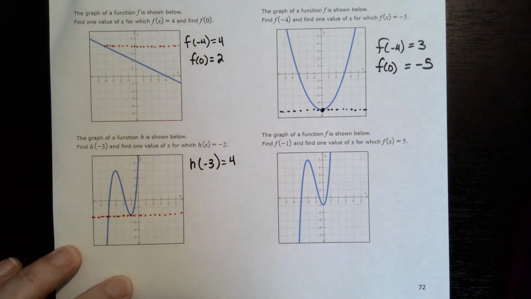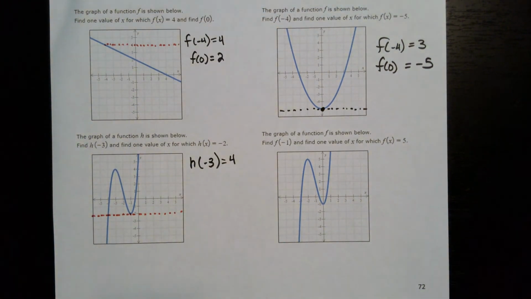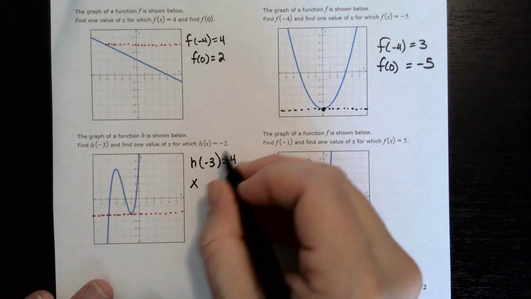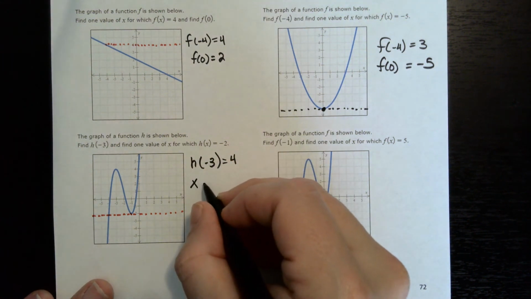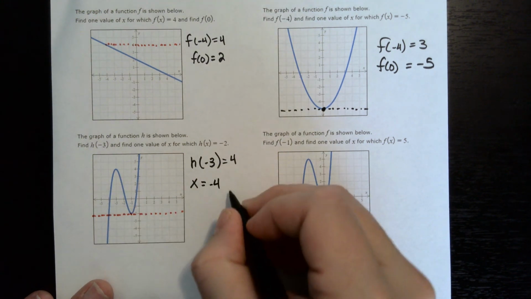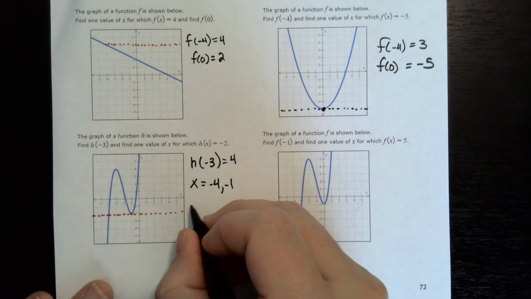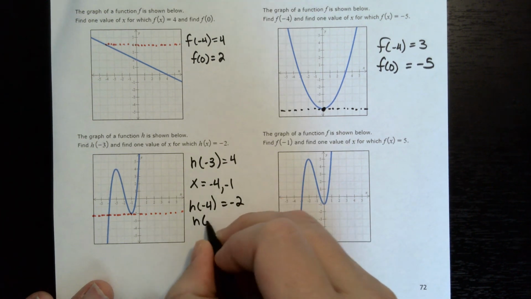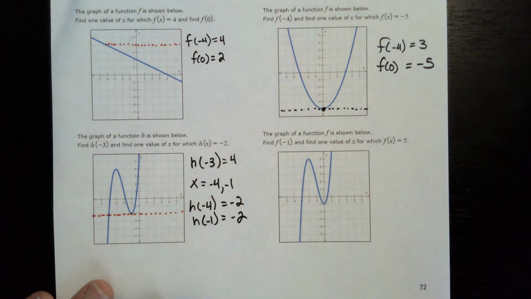Notice that it hits the graph twice, so we're going to have two solutions. Our x values such that you get answers of -2 are going to be -4 and -1. So we know that h of -4 is equal to -2, and h of -1 is equal to -2.